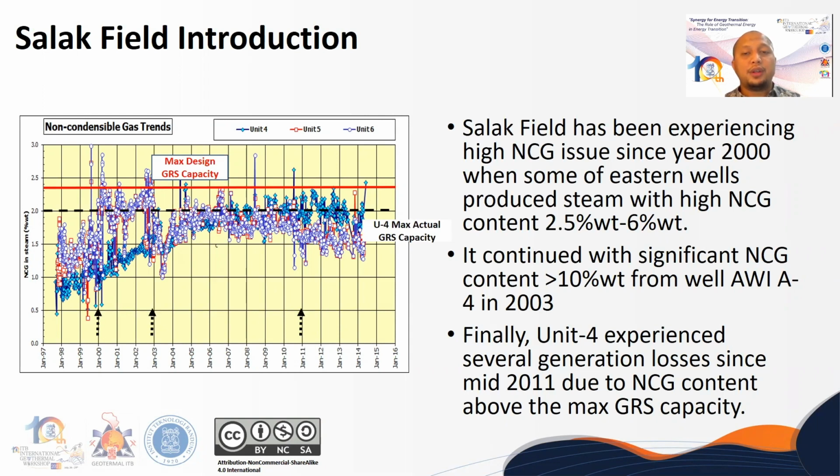It then continued in 2003 when one of the wells, AWI-4, produced steam with significant NCG content above 10% of weight. The situation finally caused Unit 4 to experience several generation losses since mid-2011 due to the high NCG content in the power plant above its maximum GRS capacity.